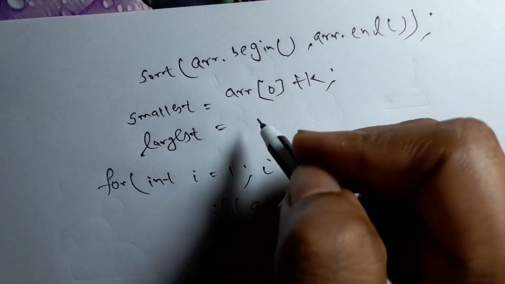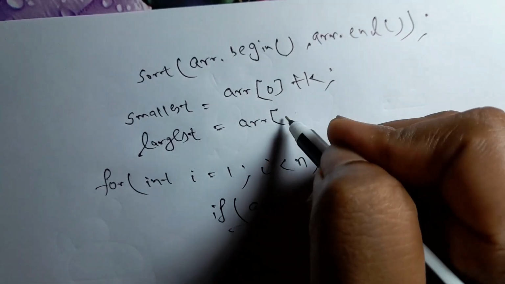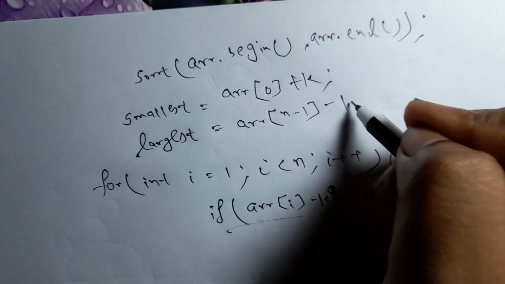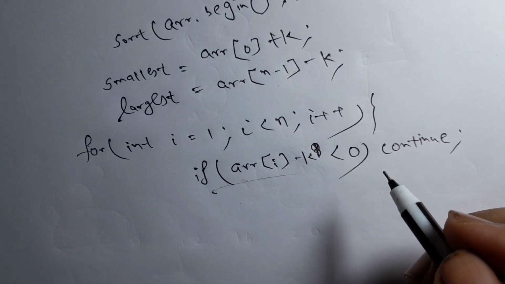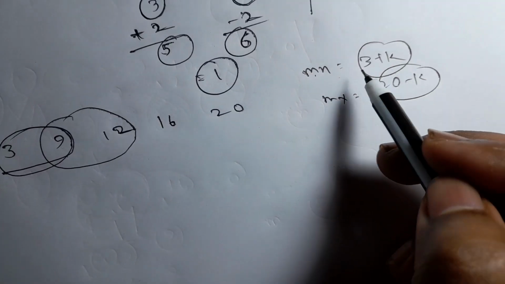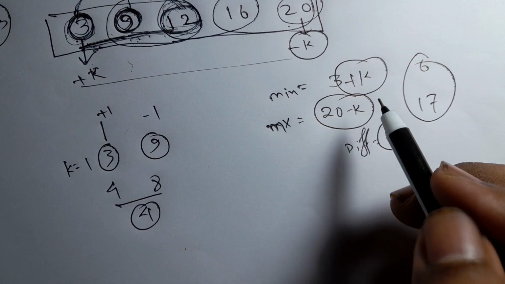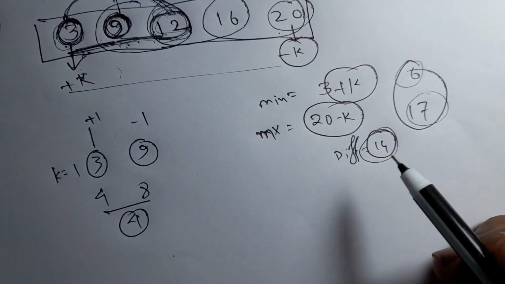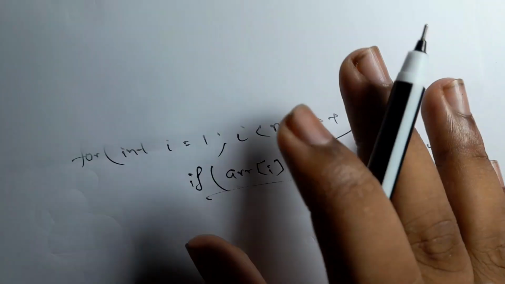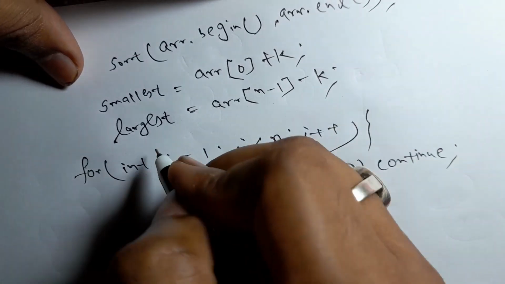The largest element is array of n minus 1 minus k. Here you can see the minimum element equals 3 plus k and the maximum is 20 minus k. I have written the example: the minimum element is 3 plus k, which is 6, and 20 minus k, which is 17. Now the difference equals 14. We have to write one line here also.